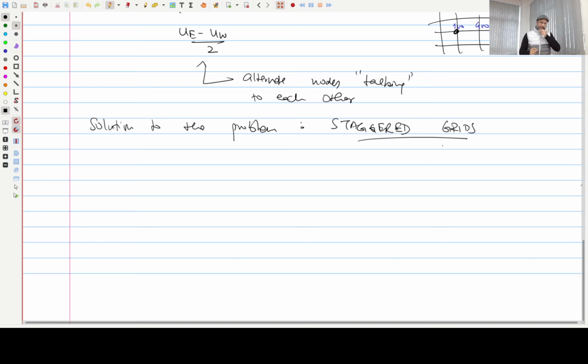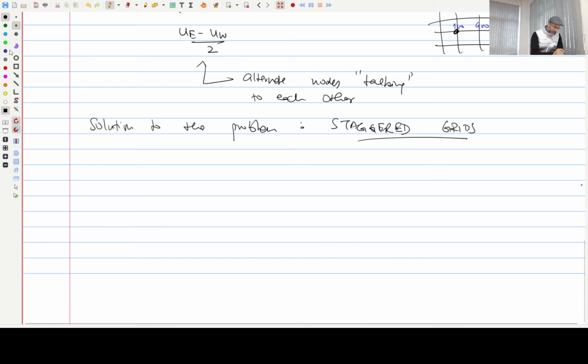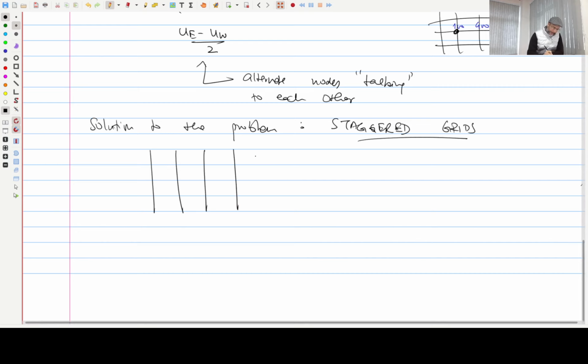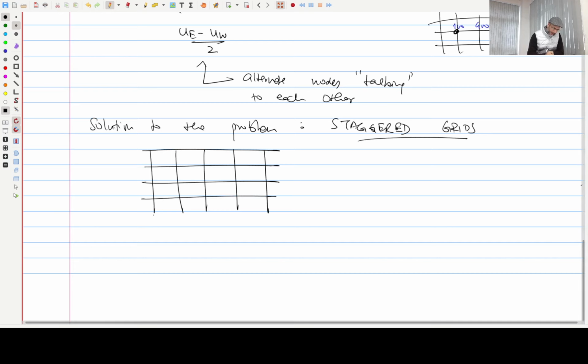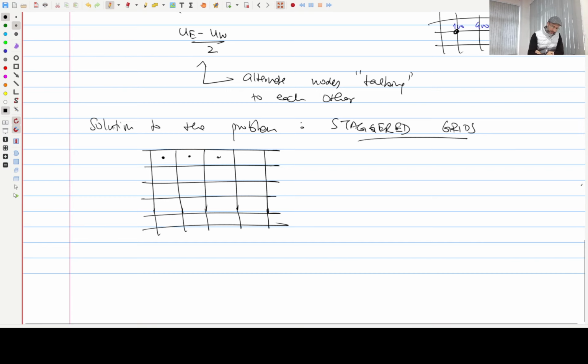So one solution is to use a grid which is called a staggered grid. I'll show you what this looks like. Let's draw the mesh that we have. Let's say this was the mesh, and earlier we have these control volumes, and we were using these as the nodes.